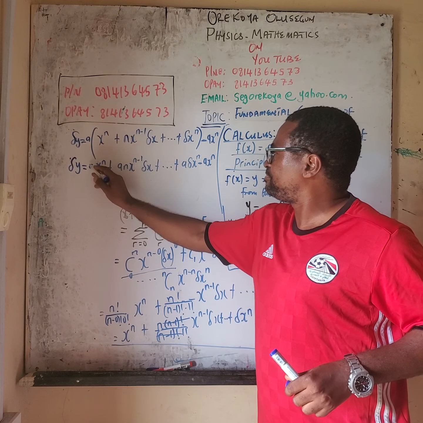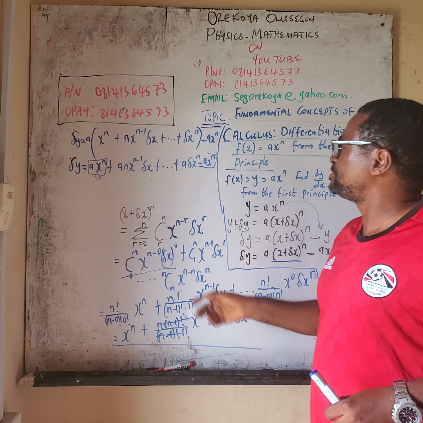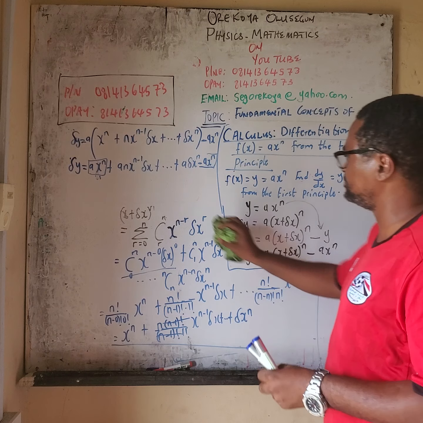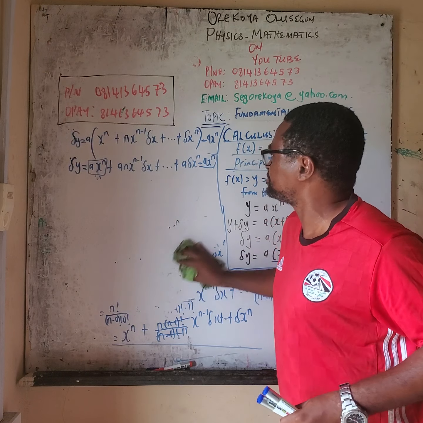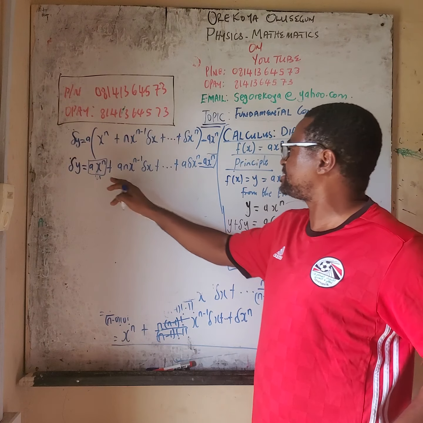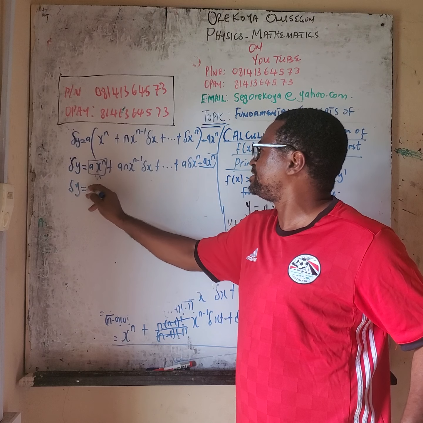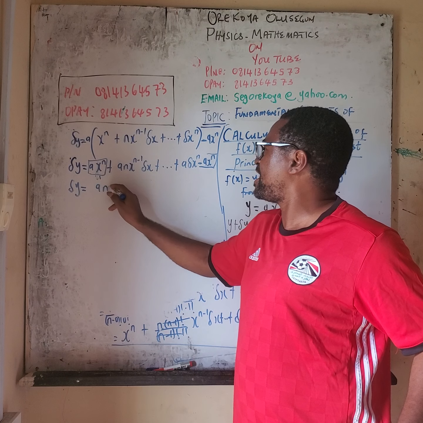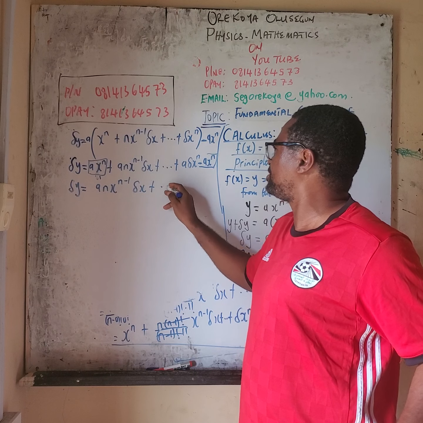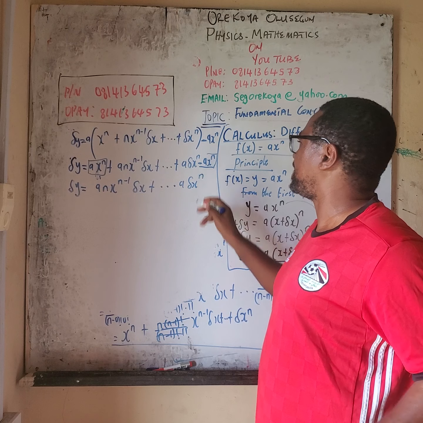If you look at this term here and this term, they cancel out. So what I have here now, this term and this term, they cancel out. So I'm left with delta y is equal to an x raised to power n minus 1 delta x plus dot dot dot a delta x raised to power n.